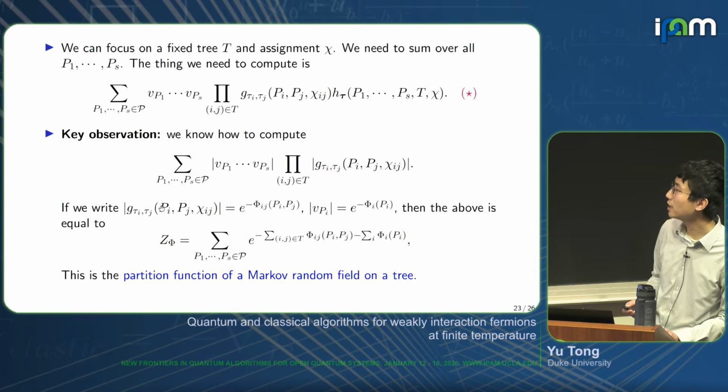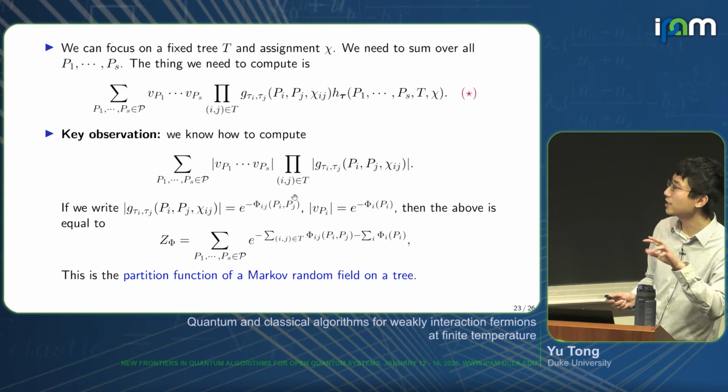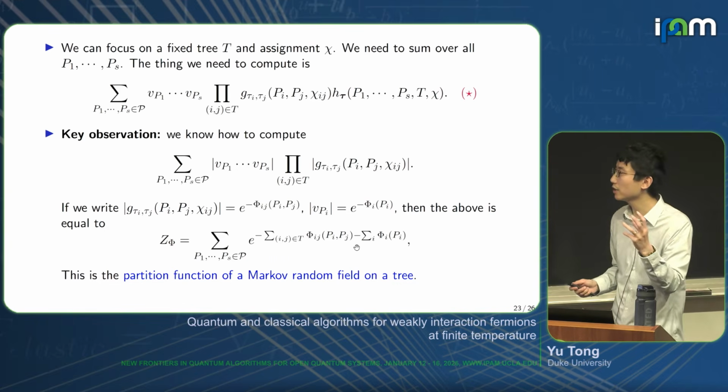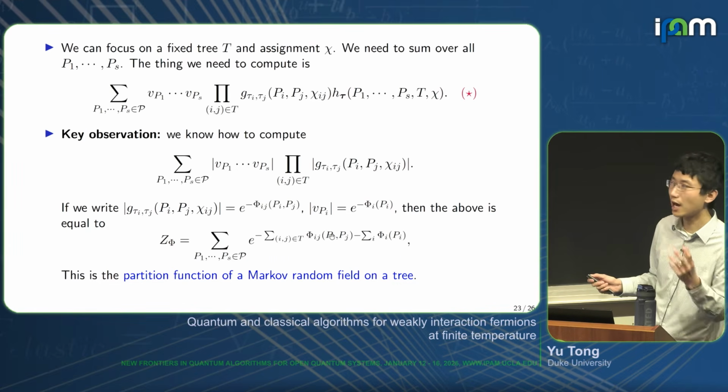Why? We can write it another way. For each non-interacting Green's function, we write it as e to the minus phi ij of pi, pj. This can be seen as some kind of potential energy on vertices i and j. Each v of pi we write as e to the minus phi of pi. This can be seen as a potential energy on site i.